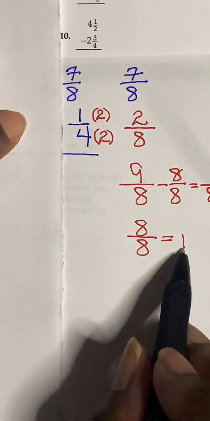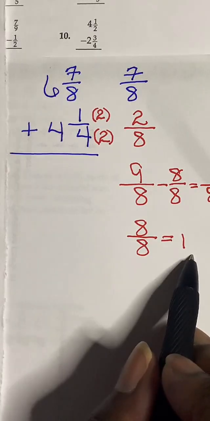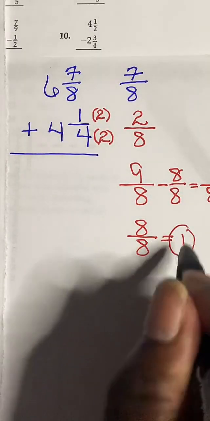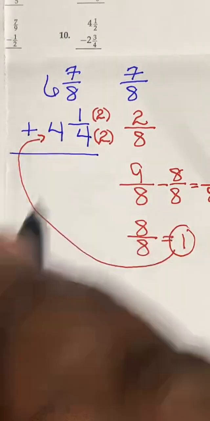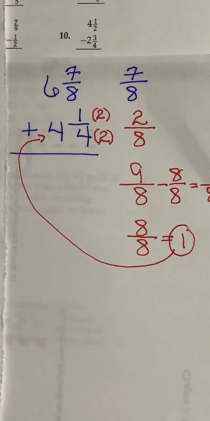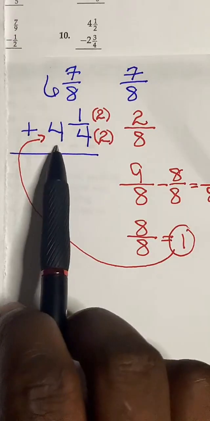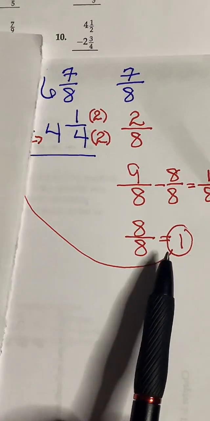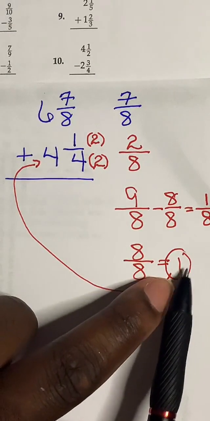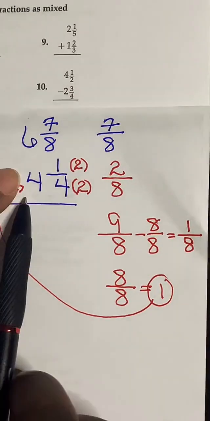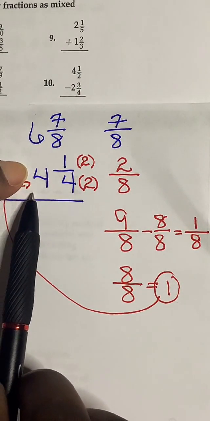And this 1 that we pulled out, we're going to add it to the 6 and the 4, because this is a whole number that we just found, so we need to add it with the other whole numbers.